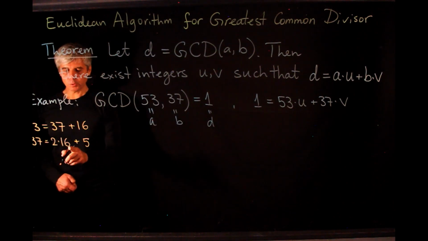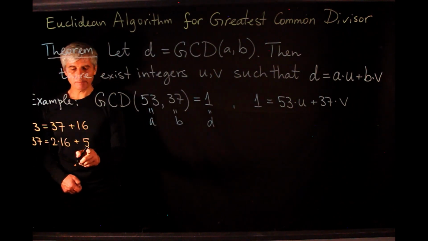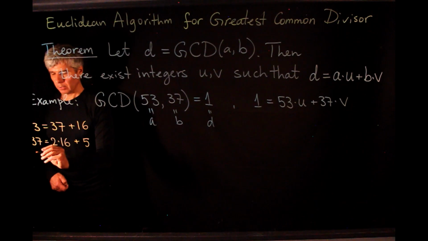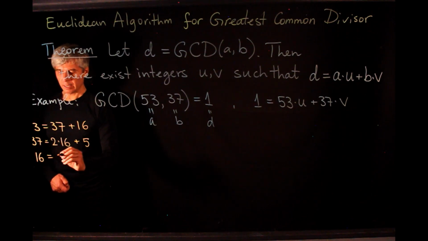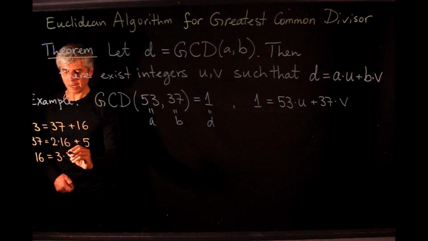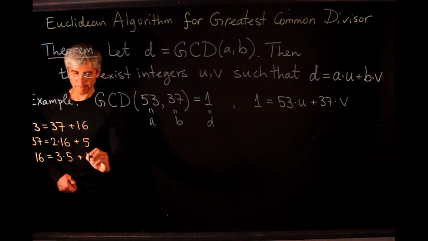Next, we have to take 16 and divide it by 5 with the remainder. So we write down 16 is 3 times 5 plus 1.